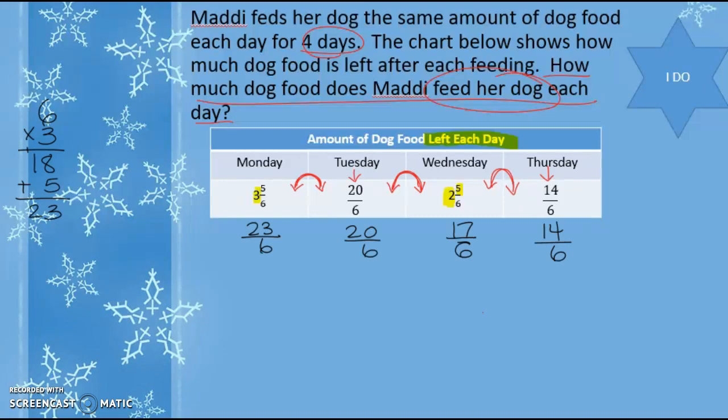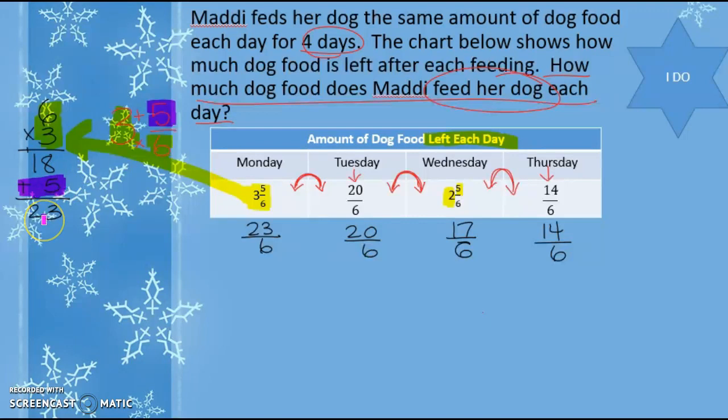Remember our little process here. We are going to multiply the denominator by the whole number, and then we're going to add the numerator. So let's make sure we understand that. I have 6 times 3 here and here, and then we added 5 to the product here.